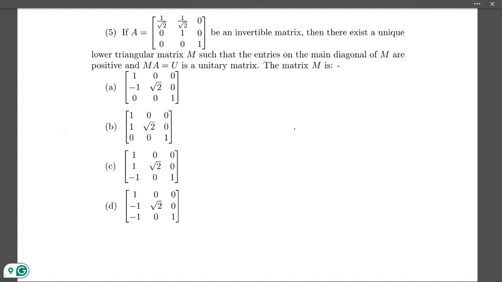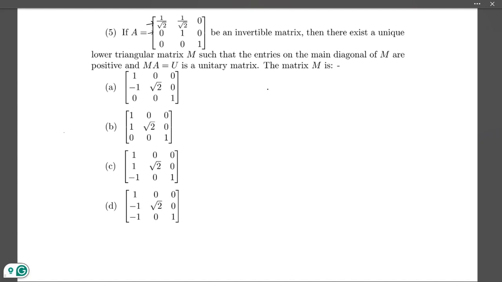This is not already unitary. I was thinking if it is already unitary, take M equal to identity and A equal to U, but it is not unitary. You see, all rows have norm 1, but the first and second rows are not orthogonal. Otherwise, it should have been a unitary matrix. Anyway, that was the subconscious mind.